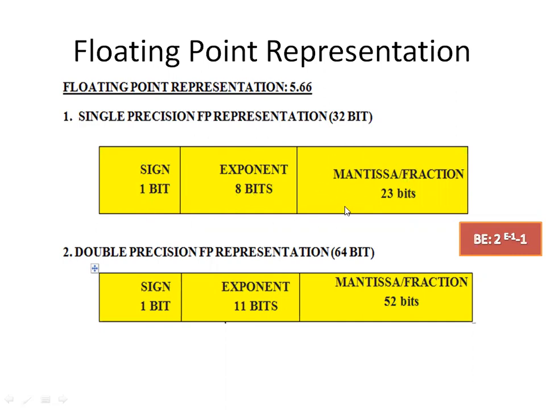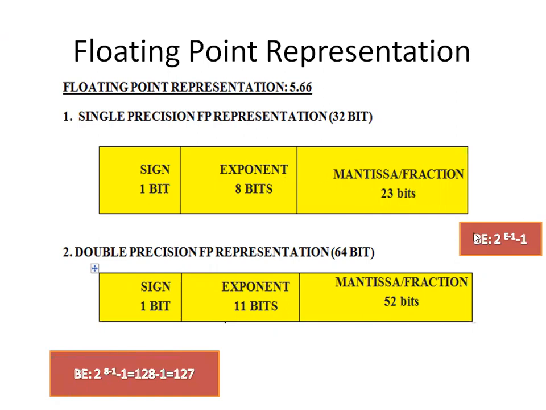If you sum up all the fields, you get 32 bits in length. For double precision floating point, the sign field has 1 bit, the exponent field has 11 bits, and the mantissa field has 52 bits. When we sum up these fields, we get the total, which is nothing but 64 bits.